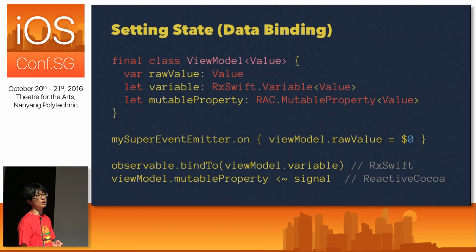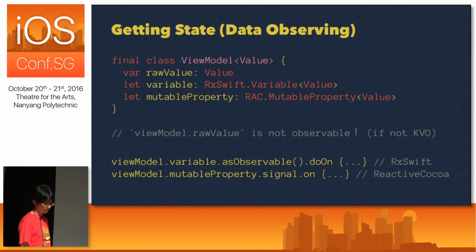In FRP, we can even use observable or signal to do the same thing instead. For example, in RxSwift, this one is called observable.bindTo, and you just bind to the variable. Easy. And in ReactiveCocoa, we can use a custom operator to do the same thing.